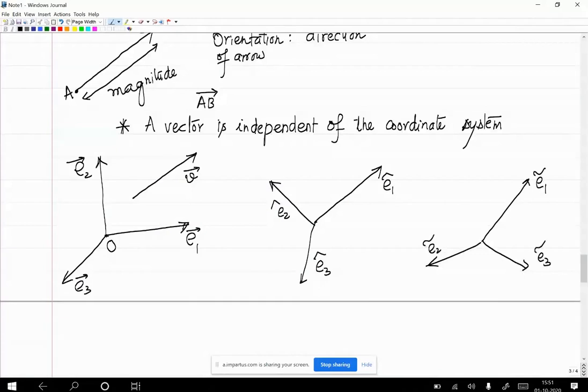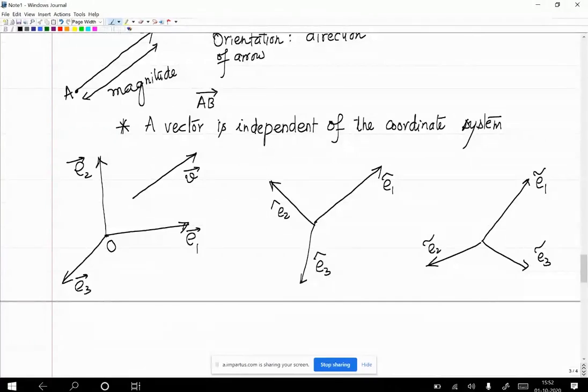So this is like, for example, you are in a room and there's a vector in the room. Then you can think of several coordinate systems in the room, having origins at different corners of the room, with different basis vectors.